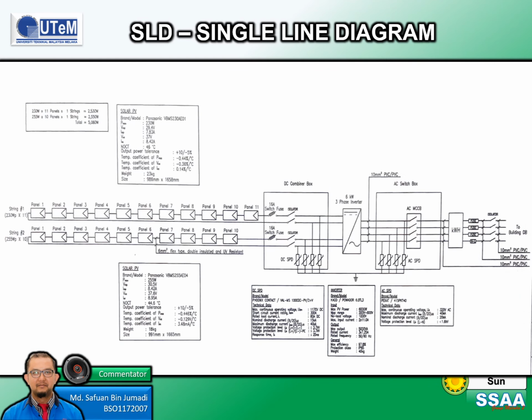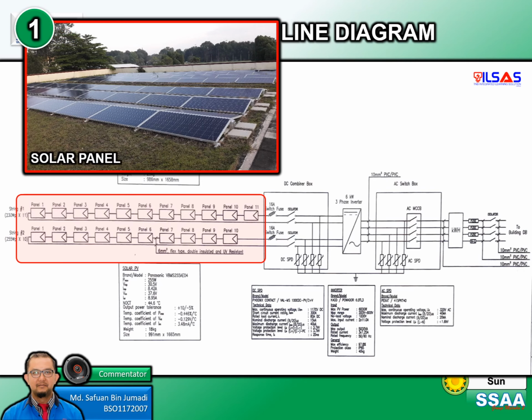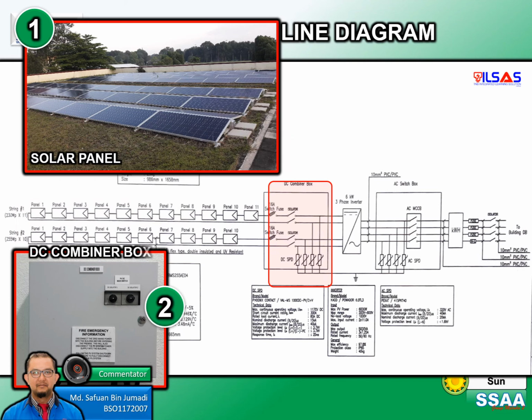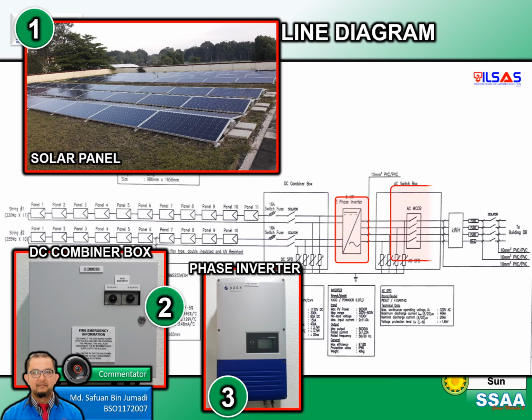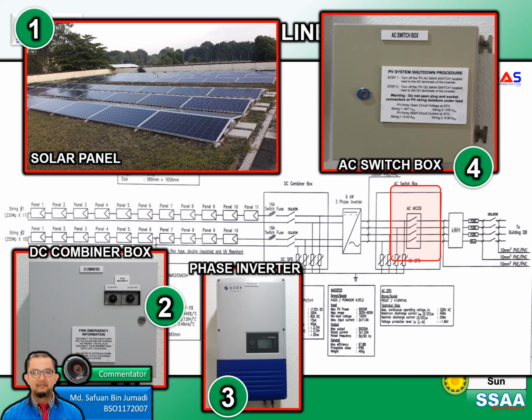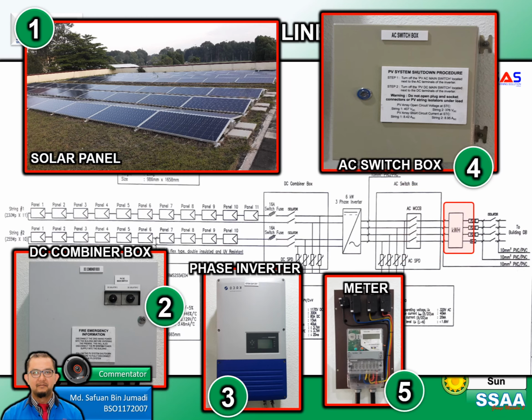SLD shows the position of the equipment used in the solar system. For IREC, solar panels are connected in series next to the combiner box, 3-phase inverter, AC switch box, true meter, and lastly the main switch.